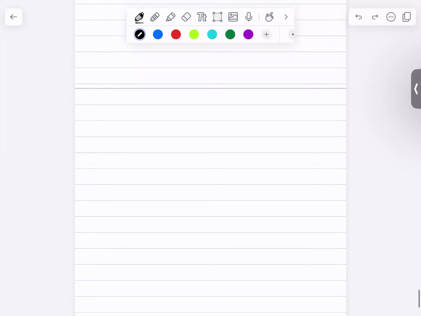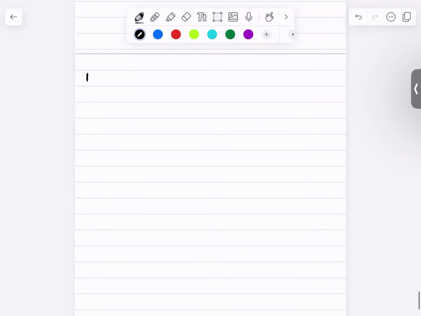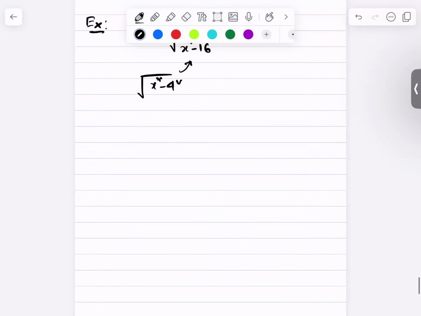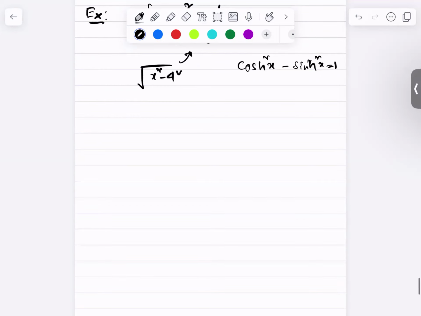Okay. One more example of this radical integration would be something like this: x squared dx over square root of x squared minus 16. This is nothing but x squared minus 4 squared, square root of that. So I can again use the identity cosine hyperbolic square x minus sine hyperbolic square x equals 1.